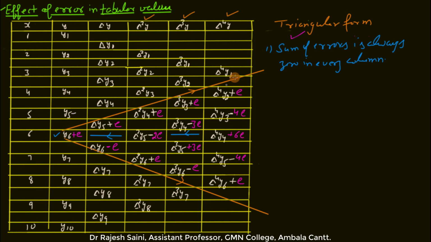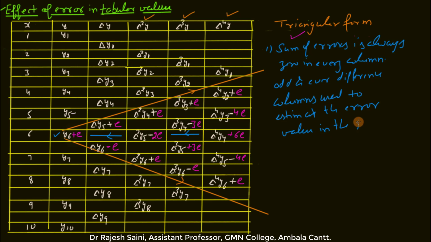So this is the difference between odd and even difference columns used to estimate the error value in the given table.